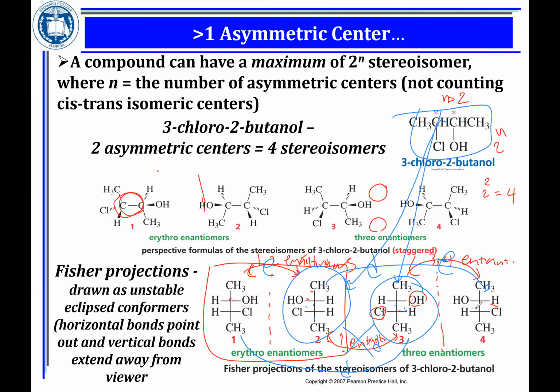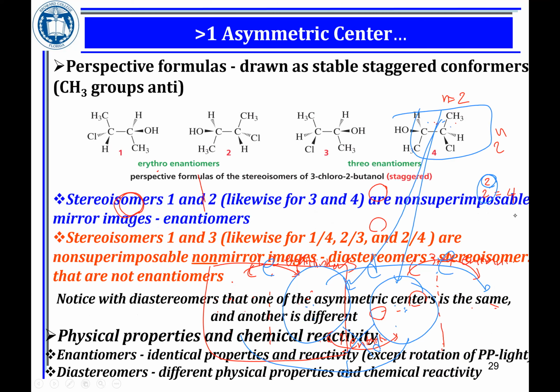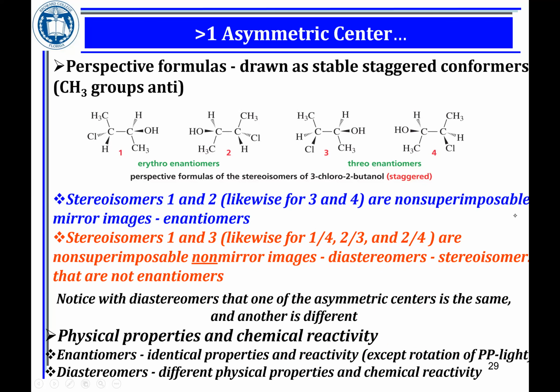And we got 4 different possible structures because n equals 2, we have 2 chiral centers for this molecule. This is just explaining what we already talked about, that 1 and 4, 2 and 3, and 2 and 4 are diastereomers. They are not enantiomers. You have 2 pairs of enantiomers, and diastereomers are non-mirror images.